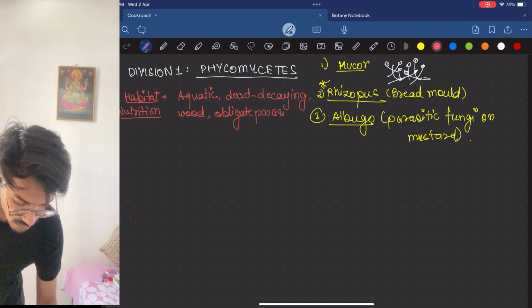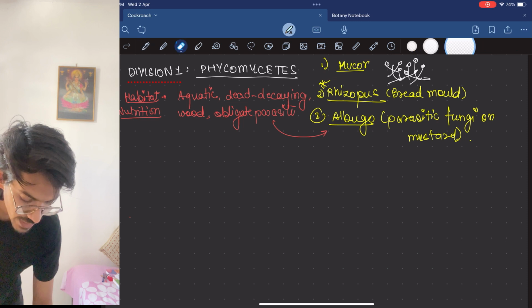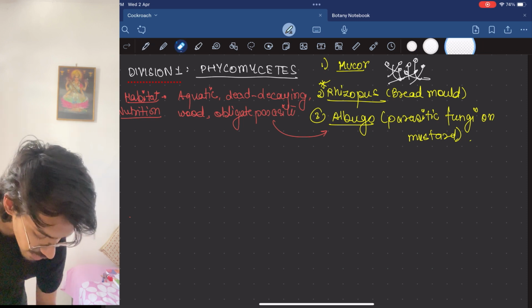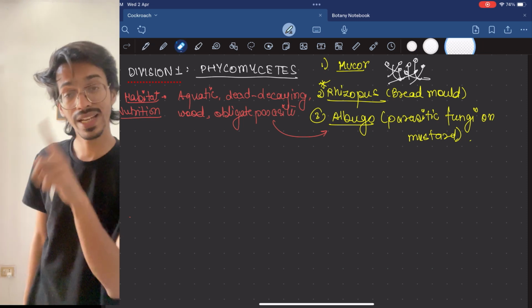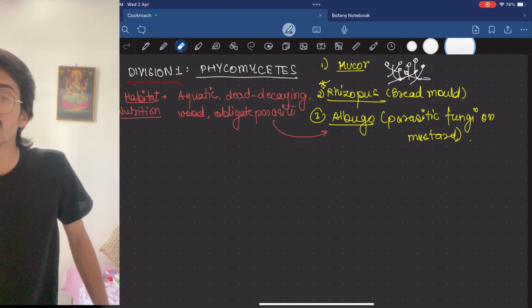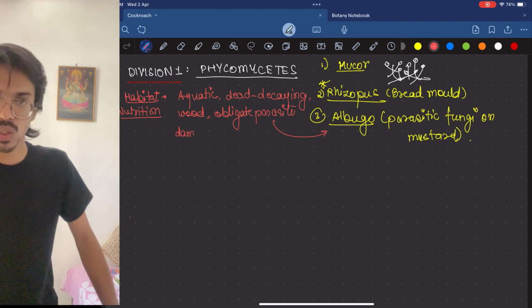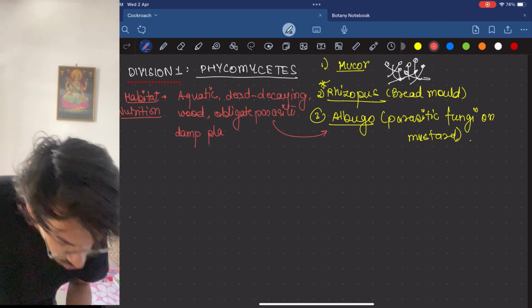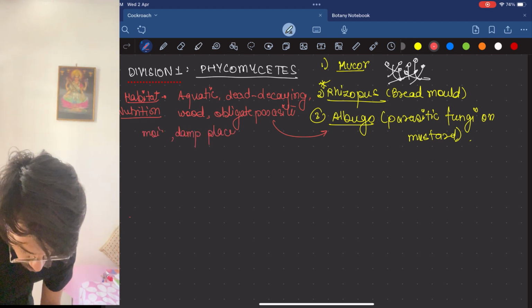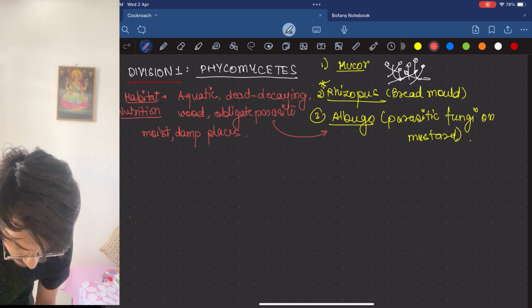Then they could be obligate parasites, which means strictly parasites. For example, Albugo is an obligate parasite, which means it can't survive without parasitizing the mustard. Moving on to the next one, they are present in damp places, moist and damp places.